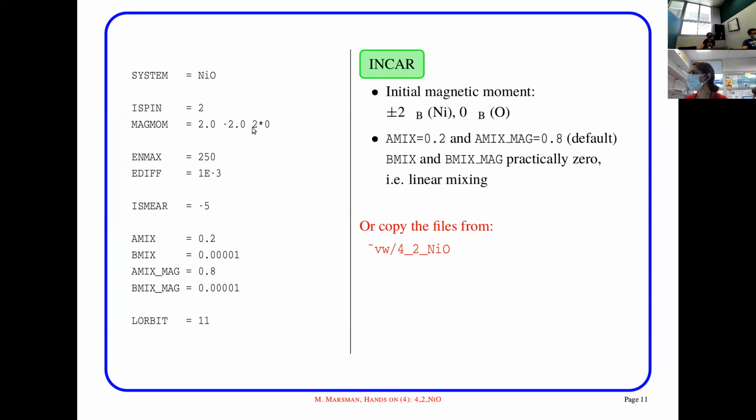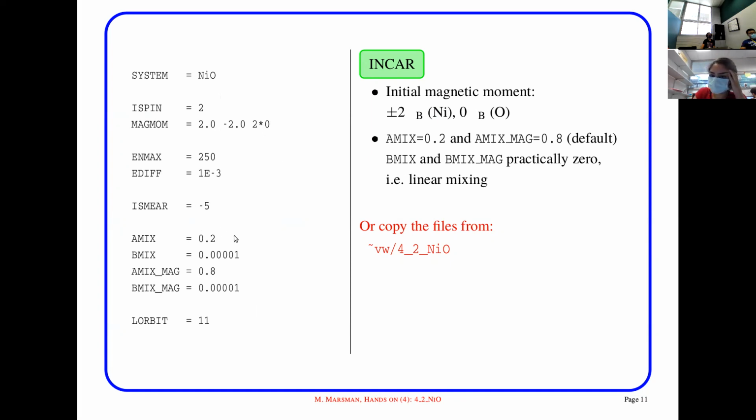Okay? Then, the energy cutoff and energy difference threshold are really bad, you should go lower, but again, it's just for you to play with these values. The tetrahedron method again, all this is a bit puzzling, because we never used this, so why are we using it? You're using this because this system is problematic, as I said, it's antiferromagnetic.